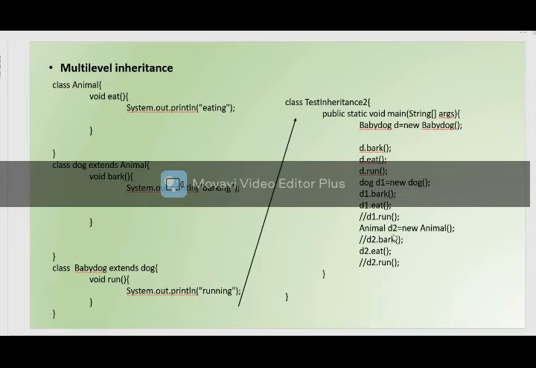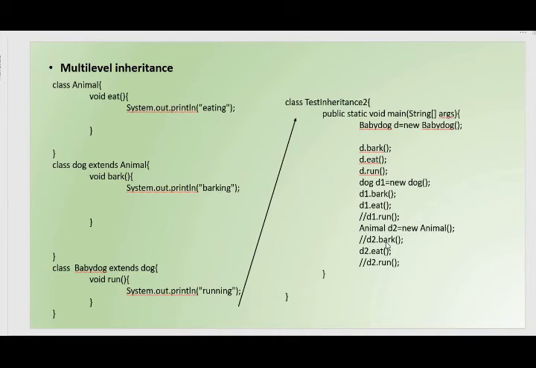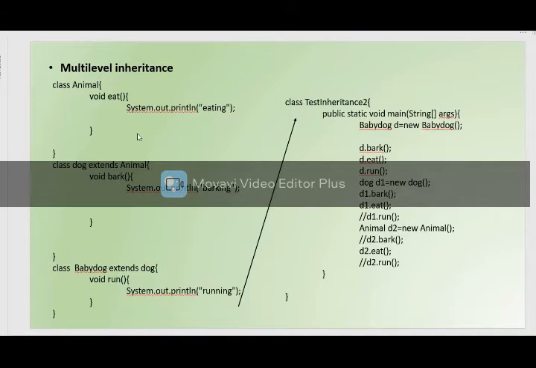Here we create a d2 object by referring to the Animal class. d2.bark, is it correct? It is not correct. Why? The bark method is in the Dog class. The Animal class cannot access the Dog class and BabyDog class. Therefore, it is not correct.